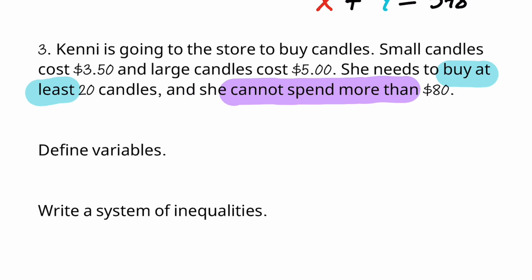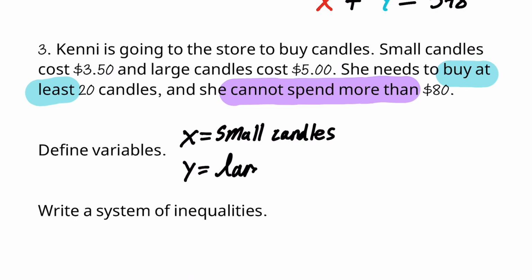Okay, let's talk about my two variables. So again, I need an x and I need a y. It looks like the first thing we're talking about are small candles and large candles. So those will be my two variables. So X is going to be small candles, and Y is going to be my large candles.